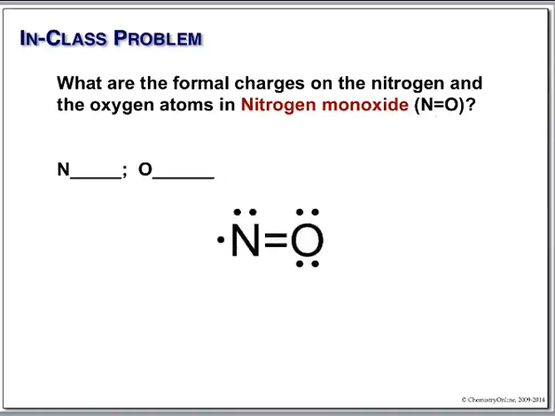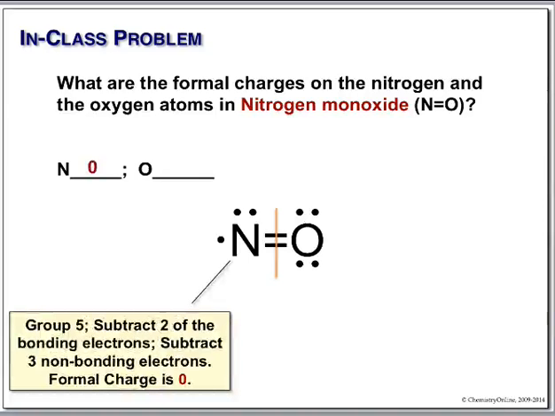Now remember the rule for doing formal charges. We're going to split all our covalent bonds. Then we're just going to add up the number of electrons there are around each atom and compare it to the atom in the periodic table.